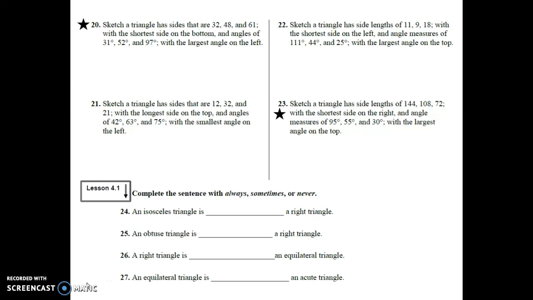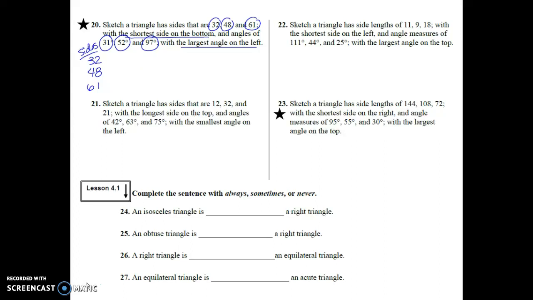We need to sketch a triangle that has sides that are 32, 48, and 61, with the shortest side on the bottom and angles of 31, 52, and 97 degrees with the largest angle on the left. I think one easy way to do this if you're struggling is to organize your information from small to big or big to small. I'm going to go small to big, 32, 48, and 61 for the sides.